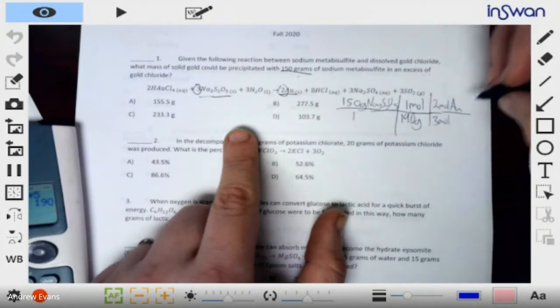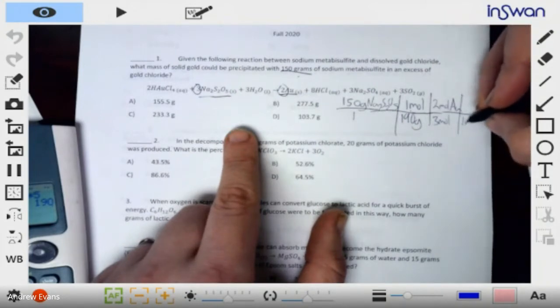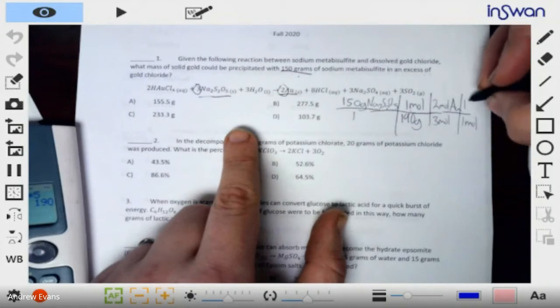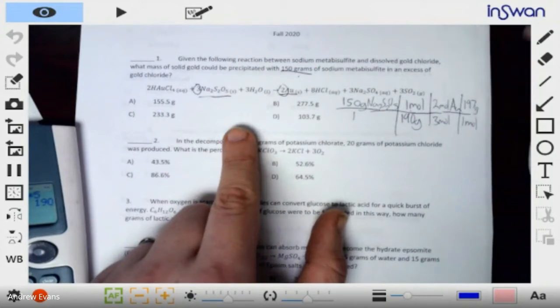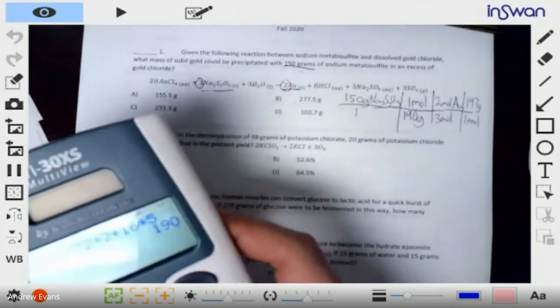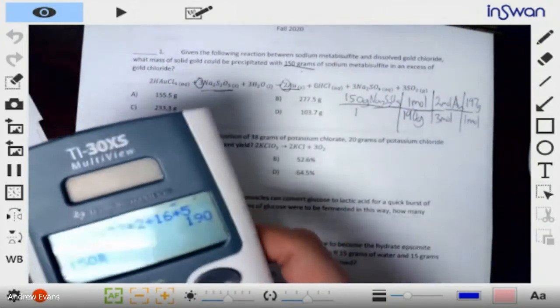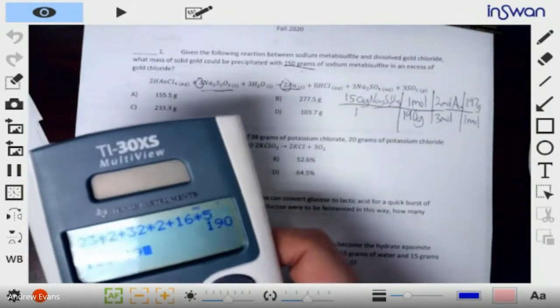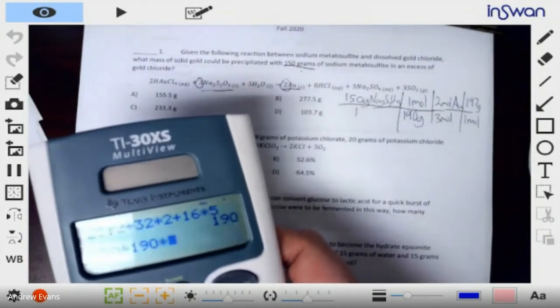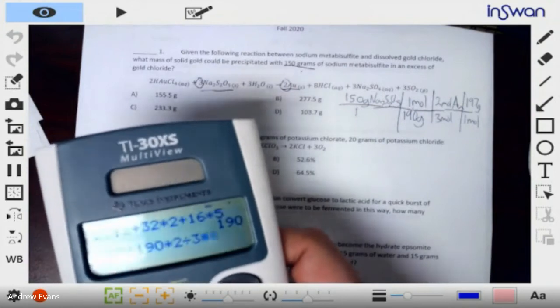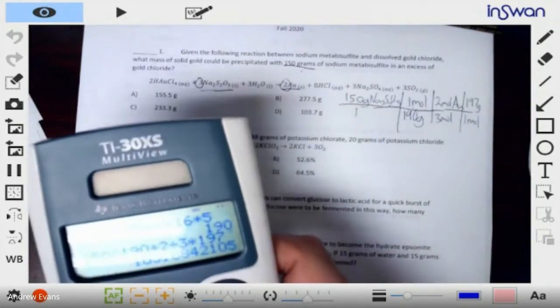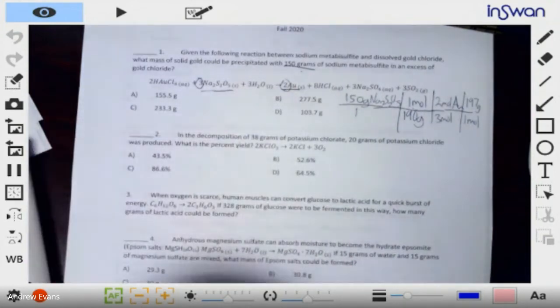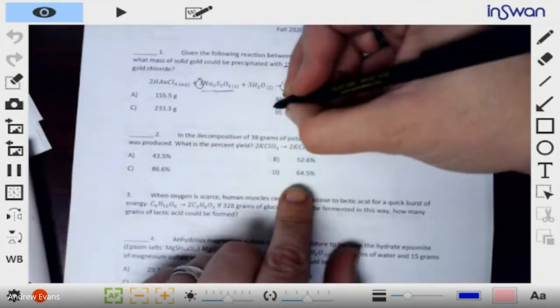And 1 mole of gold weighs about, we'll say, 197 grams. It's close enough. Might be a little off. But running that through, 150 divided by 190 times 2 over 3 times 197 gives us 103.7 grams.